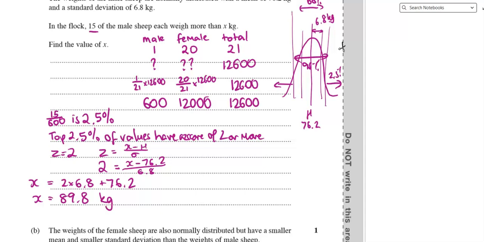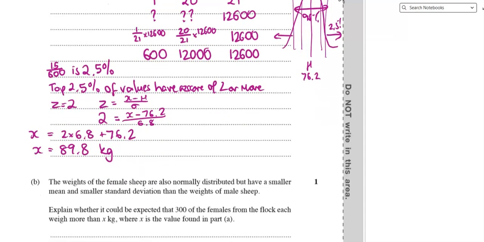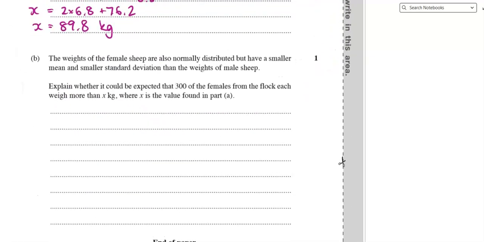Part B. The weights of the female sheep are normally distributed, but have a smaller mean and a smaller standard deviation than the weights of the male sheep. Explain whether it could be expected that 300 of the females from the flock each weigh more than X, where X is the value above.